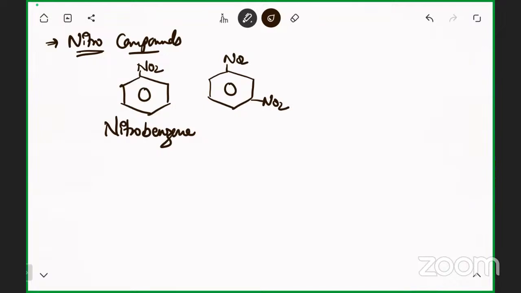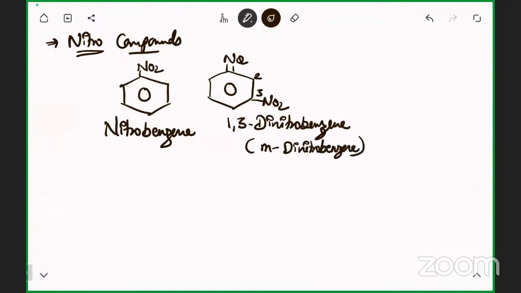Even if it's suffix or prefix, no suffix will be there for the nitro group. It will always come in the prefix. But 2 nitro groups are present, so it will be 1, 3. Di. Dinitro benzene, and it is also known as m-dinitrobenzene. Why m?